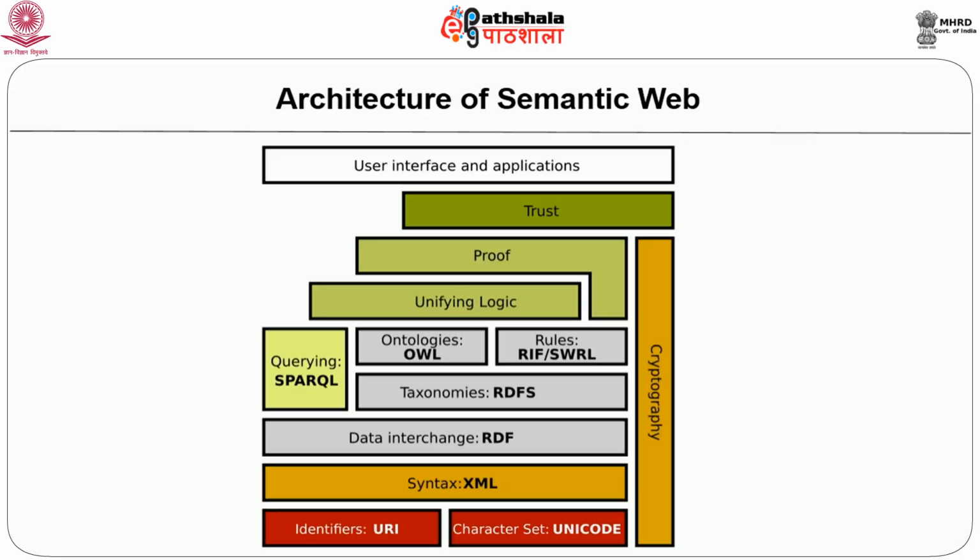Then you have to use one kind of language there, either a rule defined between data, and ontologies which directly create these kinds of relations, and taxonomies using RDFS, and the data interchange framework, that is RDF. Then it can be stored in an open format called XML, and everything will have a URI, Uniform Resource Identifier, and this can be multilingual if you use Unicode, and all this will have a kind of cryptography. That means it can be stored as you want with any security. This is the complete architecture of the semantic web.